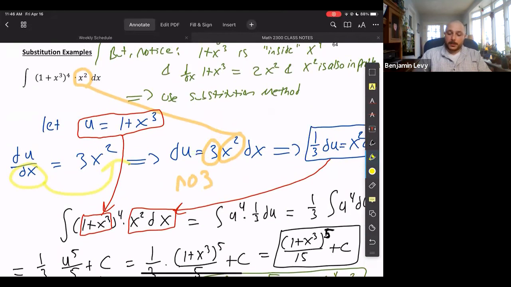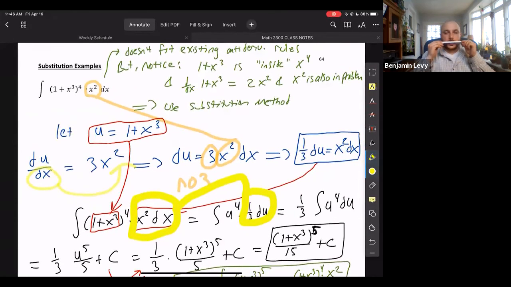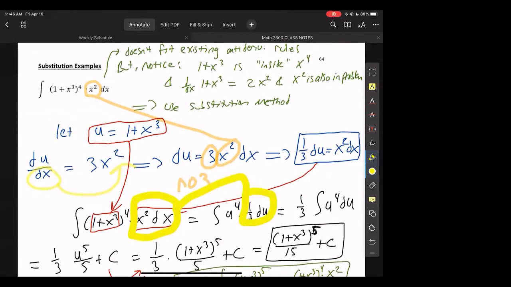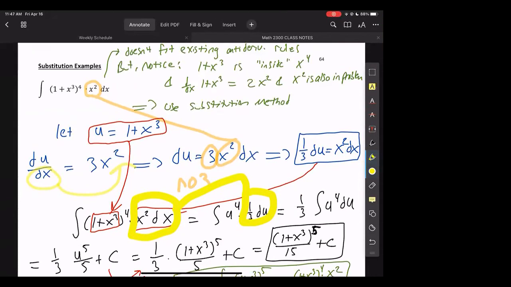And so when we make the substitution here, it comes along with the du. See that? Yeah, so you divided it, and that's what made it 1/3. Yes, I divided it over to the other side, right? Okay.